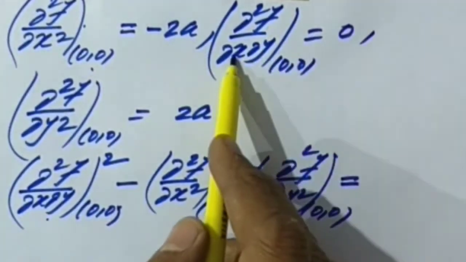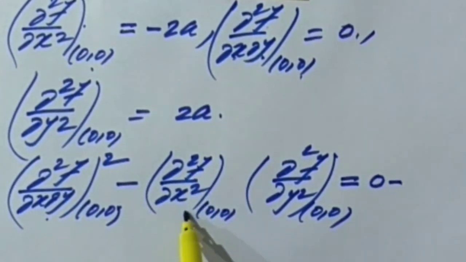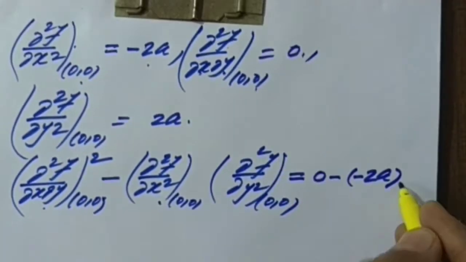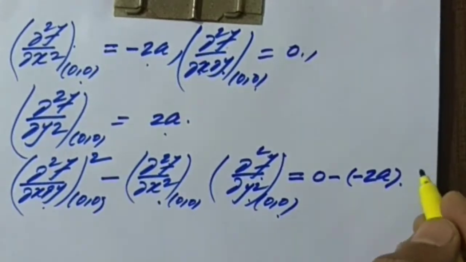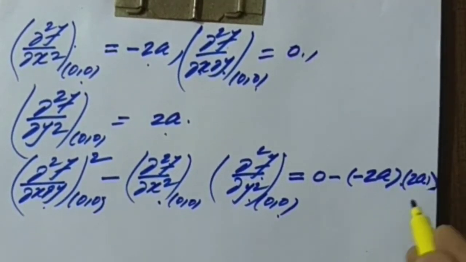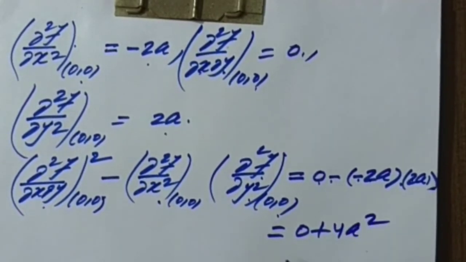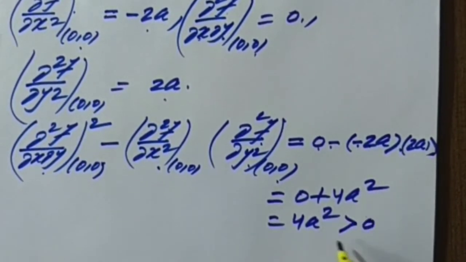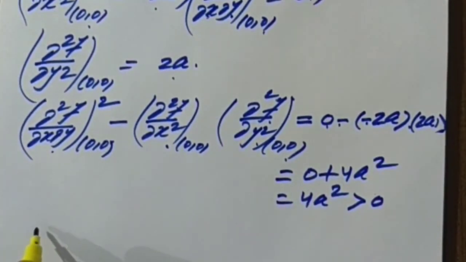The value of ∂²f/∂x∂y at (0, 0) is 0, so 0 squared is 0, minus ∂²f/∂x², which is minus 2a, into ∂²f/∂y² at (0, 0), which is 2a. Simplifying, minus into minus is plus, so 0 plus 2 times 2 gives 4a². Finally we get 4a², which is greater than 0 for all values of a, because a square cannot be negative. So we came to the conclusion that (0, 0) is a node.